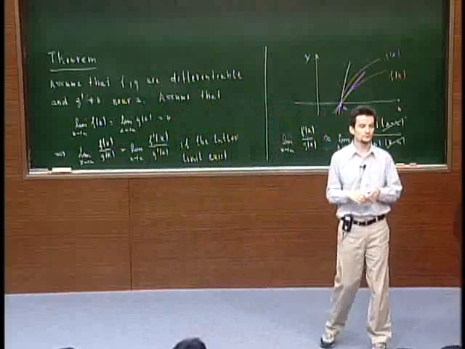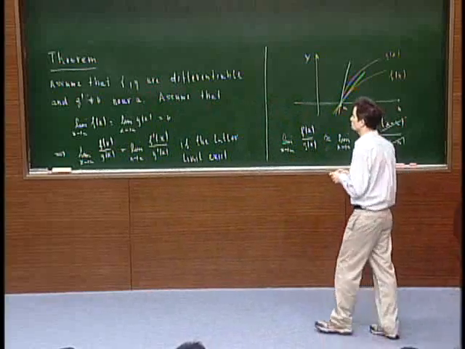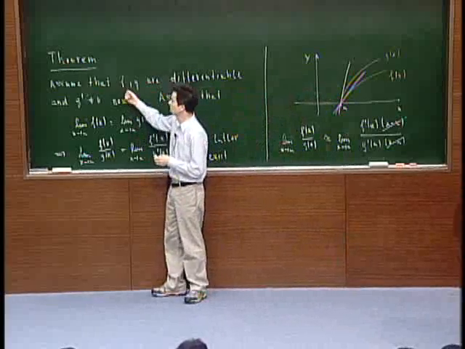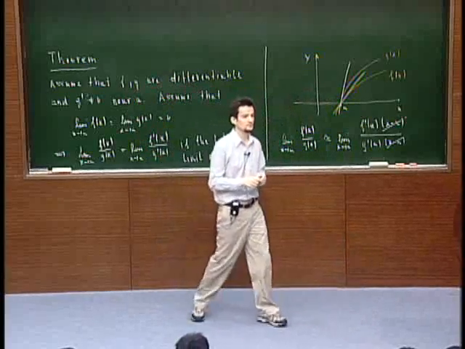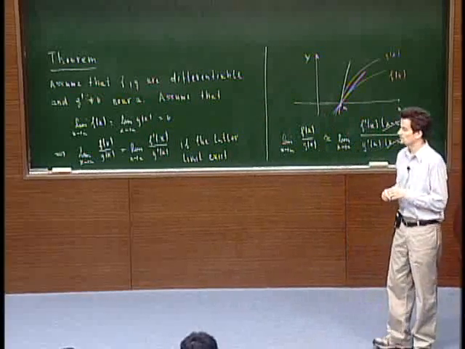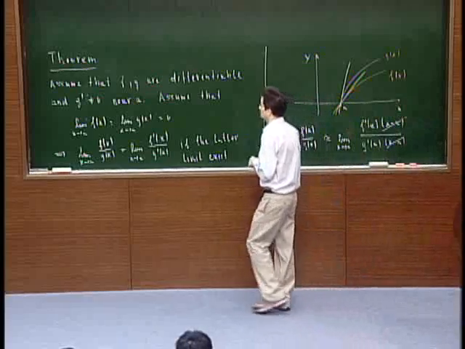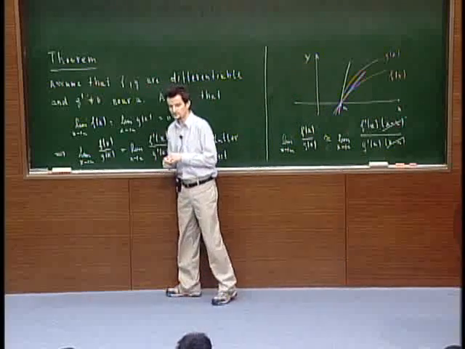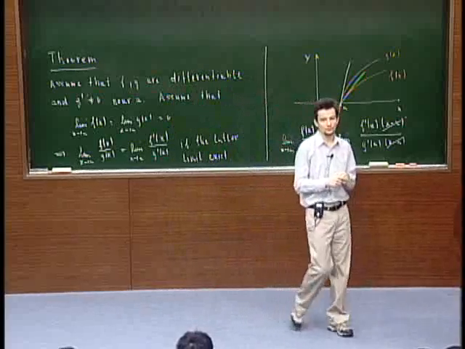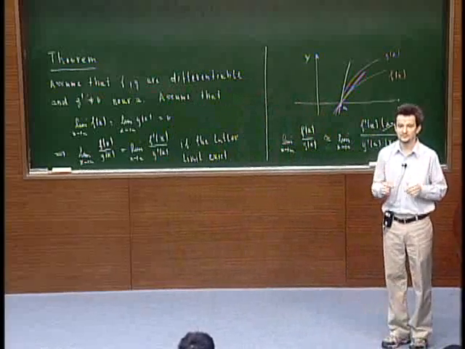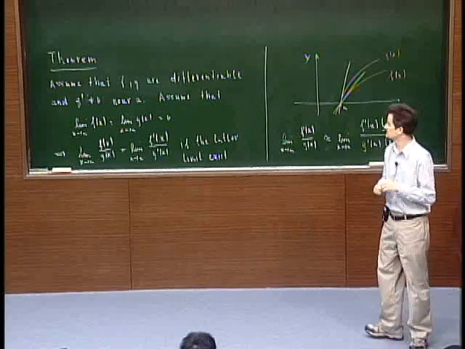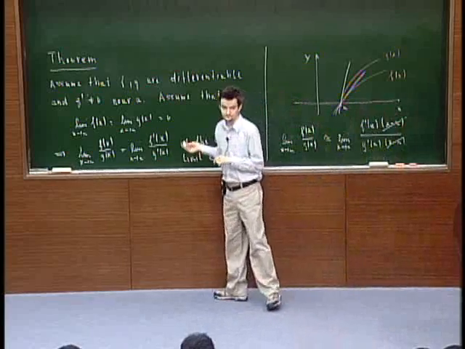Now, last time I showed you already that if you use stronger assumptions, namely, if you assume in addition that the two functions f and g are not only differentiable, but also the derivatives are continuous, and you assume that this property does not only hold for x close to a, but for all x, also including a, so for all x in the interval containing a, then we saw that under those stronger assumptions, the proof of this theorem is very easy.